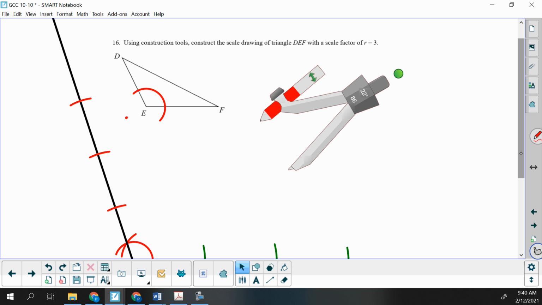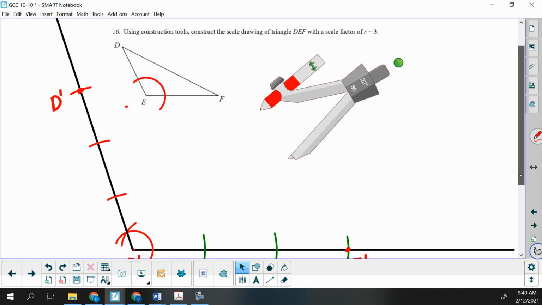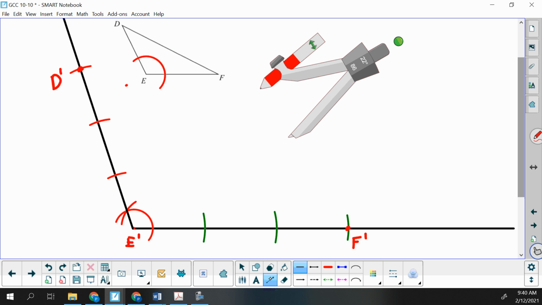So that is D prime. And then to finish it off, hopefully your straight edge is long enough, we've got to connect from D prime down to F prime. And that figure on your paper should be 3 times the lengths of the original.